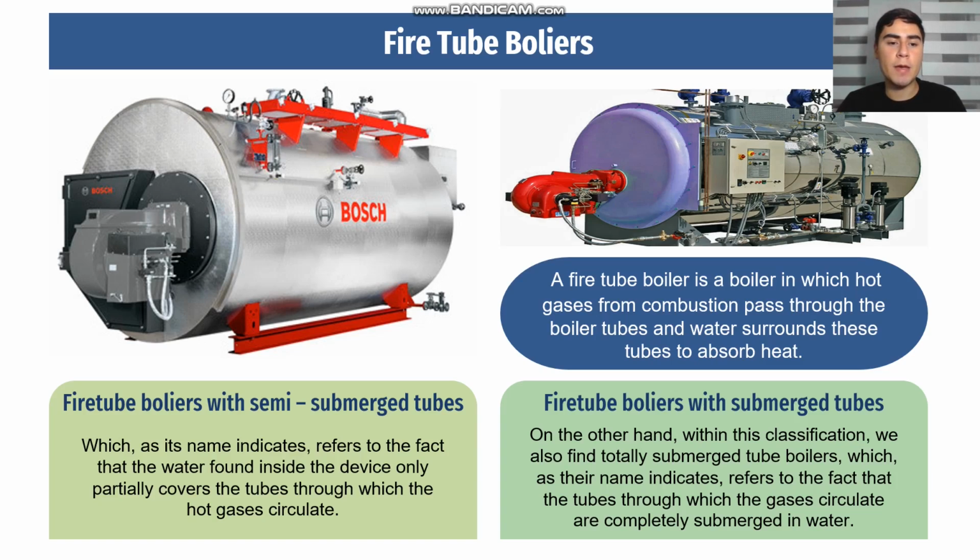Within the fire tube boilers, there are two big classifications: the horizontal type, as observed in the image, and the vertical type, which is divided into two smaller groups.